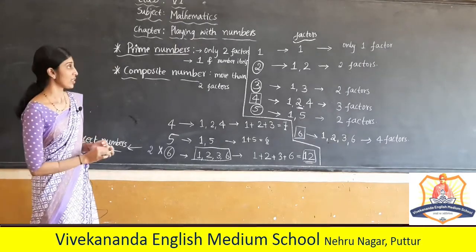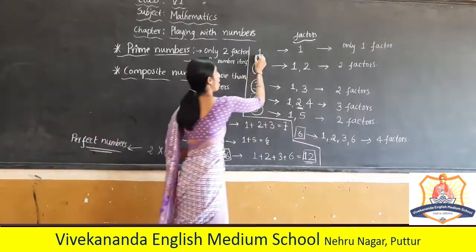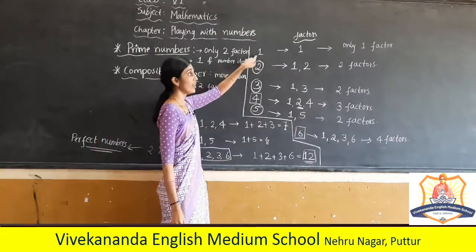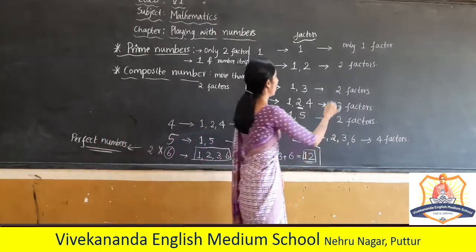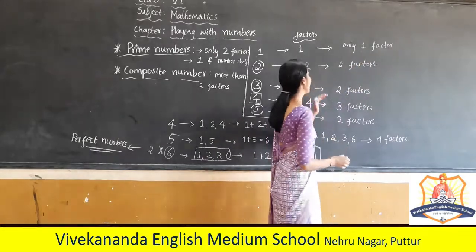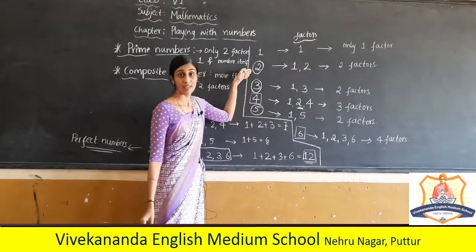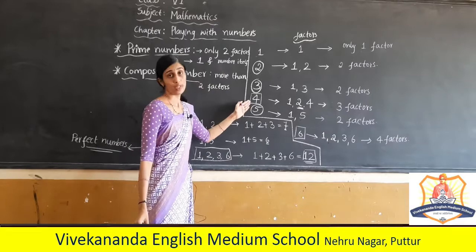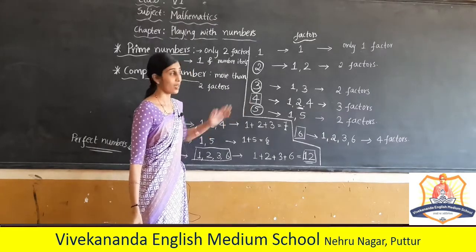So, understood children? Here, 1 belongs to which group then? 1 has only 1 factor and it cannot be included under prime numbers or under composite numbers.